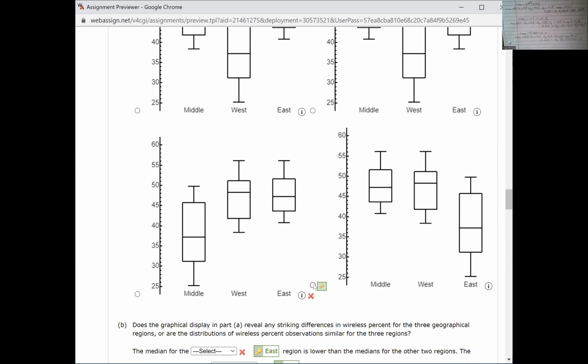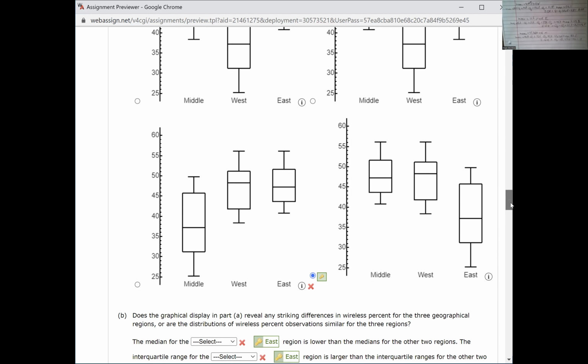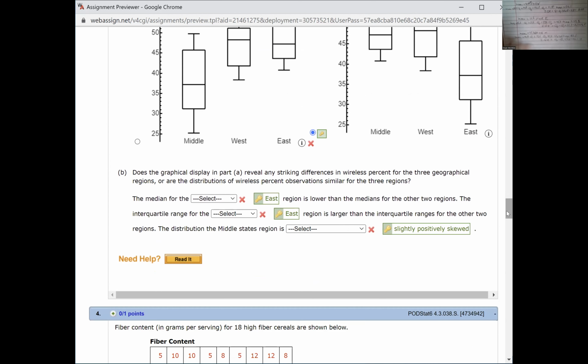And so that's that there. Now, you can see this up here. I'm just reading the data over there. The median for the East is 37.2.